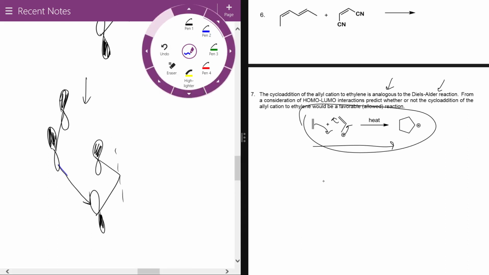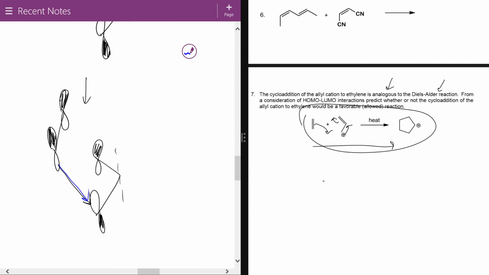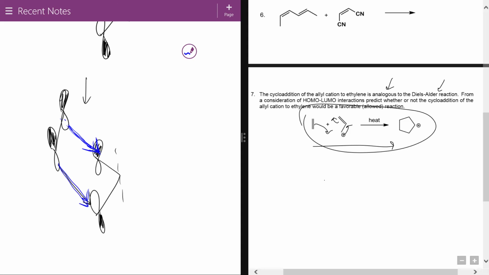This bond can be formed. But if you look at bringing this part of the molecule down onto this, we have different pi orbitals that are out of phase. So these cannot overlap. These will not create a bonding interaction. This one will. So in our problem, we can form this bond. That's okay. But if we try and do the other side, it won't form.